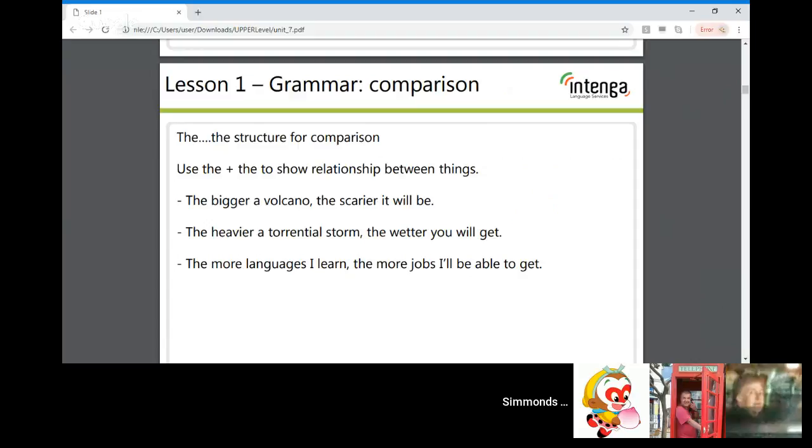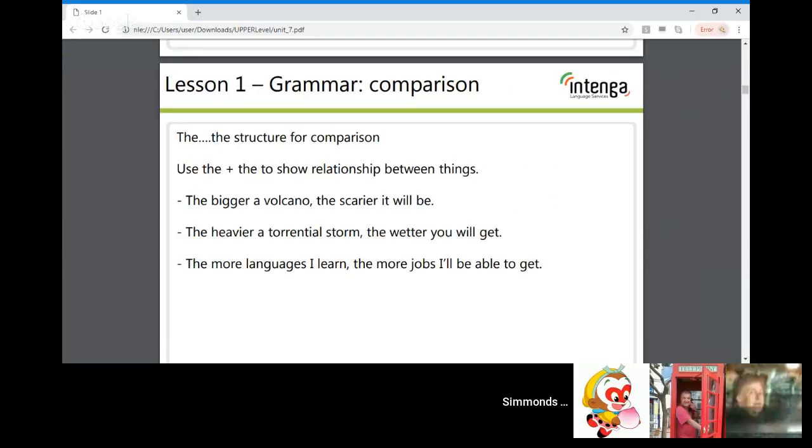The bigger a volcano, the scarier it will be. The heavier a torrential storm, the wetter you will get. The more languages I learn, the more jobs I will be able to get.